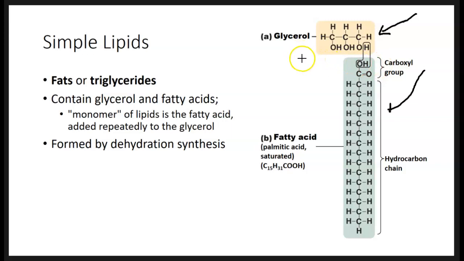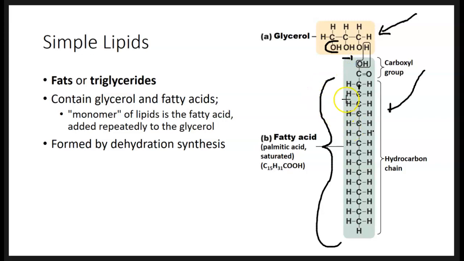The glycerol monomer looks a little bit like a carbohydrate, but it's not. But it does have these hydroxyl groups on the end of it. The fatty acid consists of a hydrocarbon chain. This is a chain of carbons covalently bonded together in a linear form, with hydrogen decorating those carbons. Remember that these carbons evenly distribute charge, unlike the electrophilic oxygen.